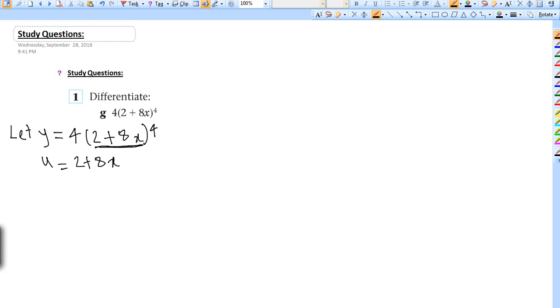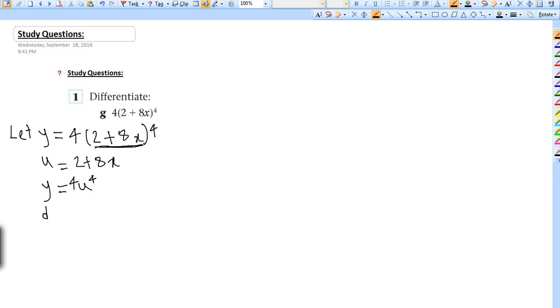Since u equals 2 plus 8x, ultimately y is equal to 4u to the power 4. I hope that you have understood.